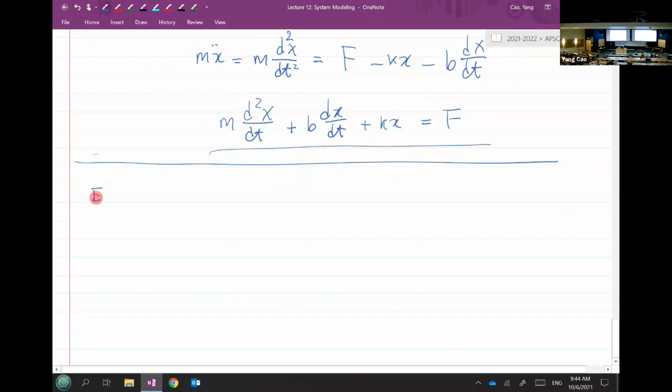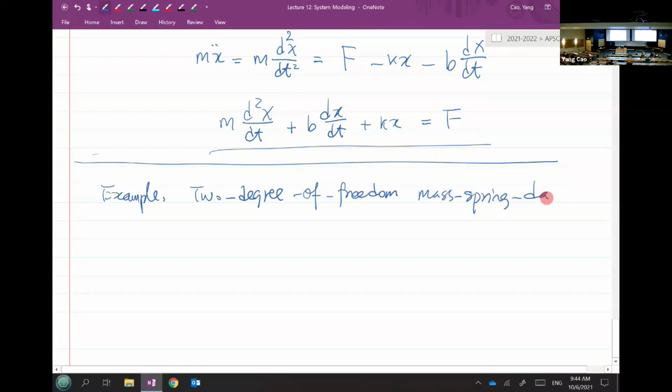But I do want to give you another example, which is a 2-degree of freedom mass spring damper. So why 2 degrees of freedom?